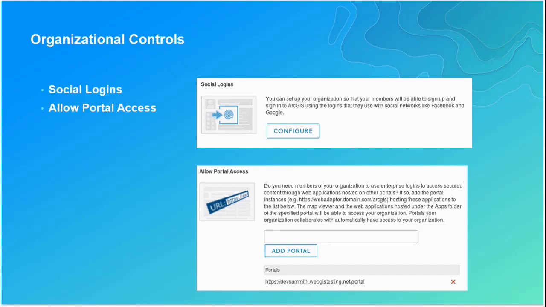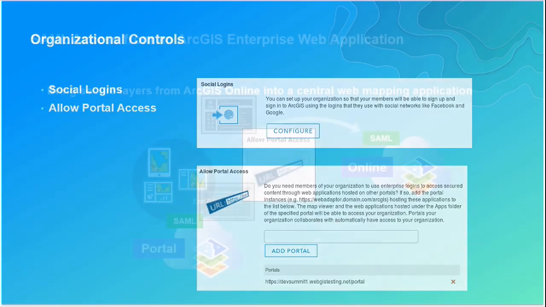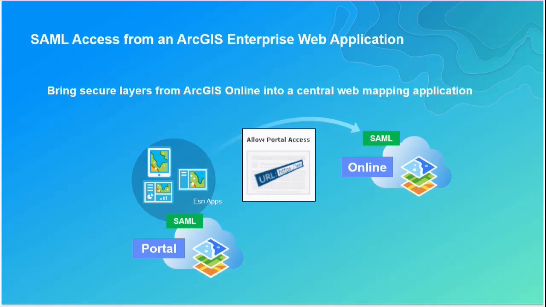This is an important one if you have a secured service in ArcGIS Online and you've got an external portal, a web application or web map or app in an external portal that will be accessing your secured service in online. And I'll do a quick demo of this where this comes into play. This slide right here basically summarizes what I just said.